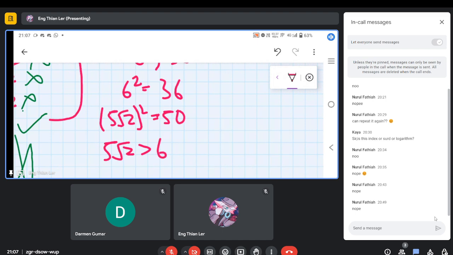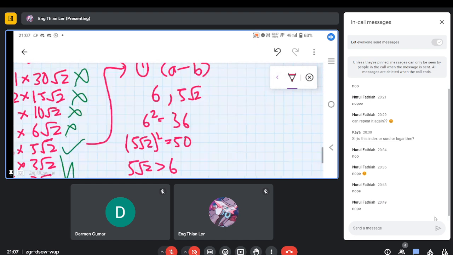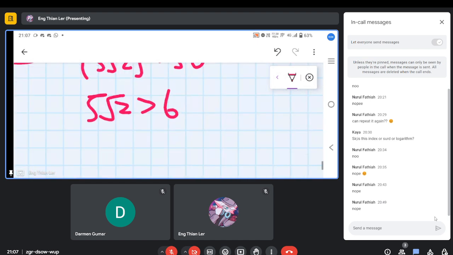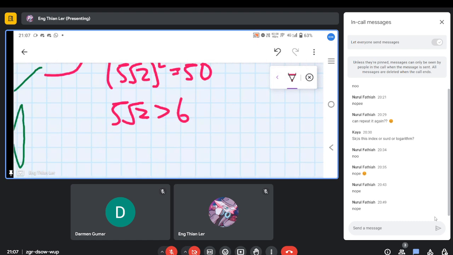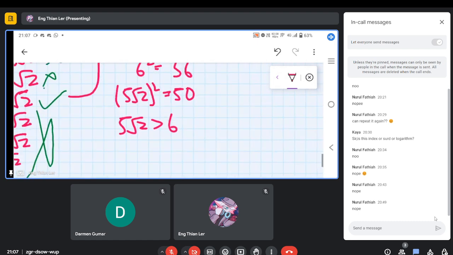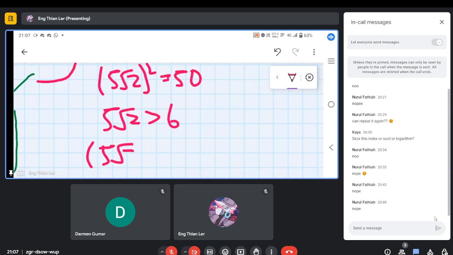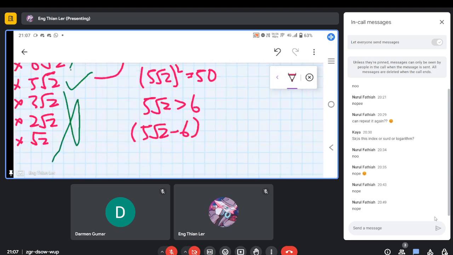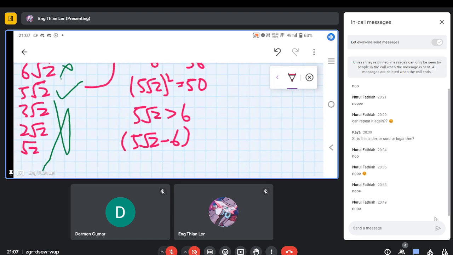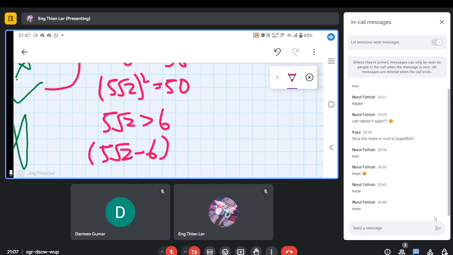So now we know which is positive, which is negative already. So the final answer, the positive root is 5 root 2 minus 6. This is the solution. So what about the negative solution? Of course, you just swap and put 6 minus 5 root 2 and then you will get a negative root.